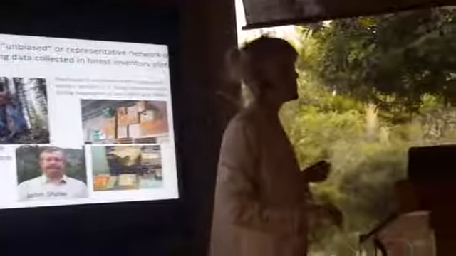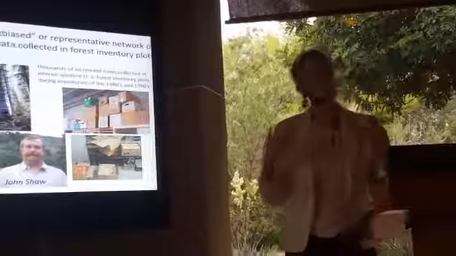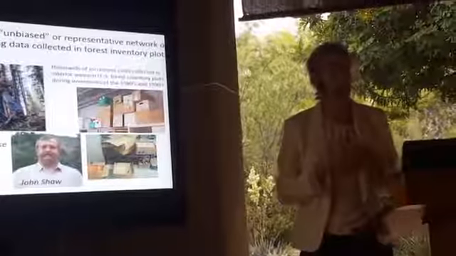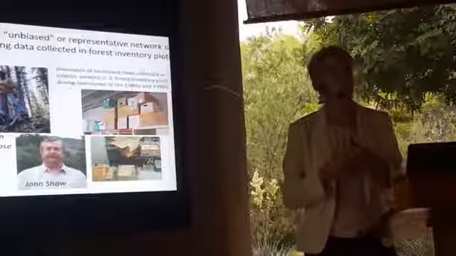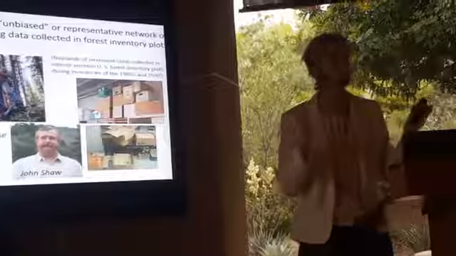About 20,000 increment cores had been collected, brought in, mounted into core mounts, and then put in boxes and forgotten about. They were rediscovered while moving from one building to another.